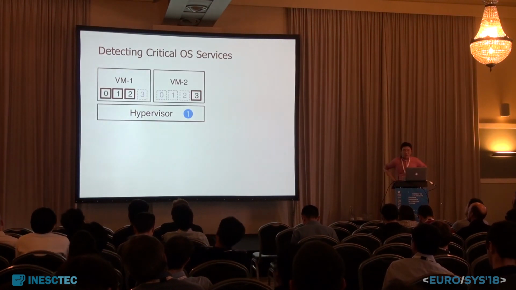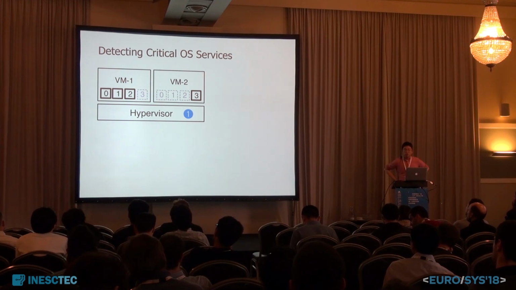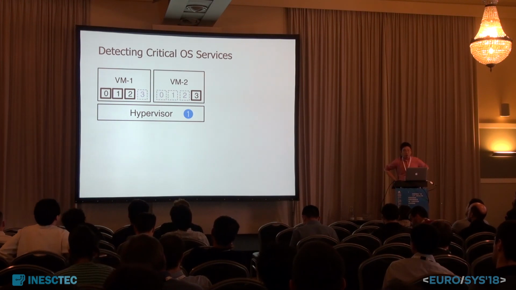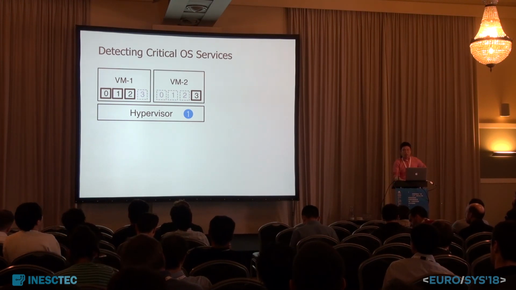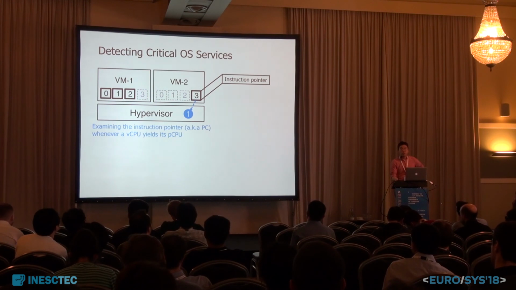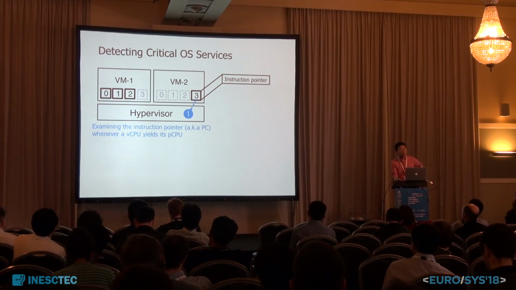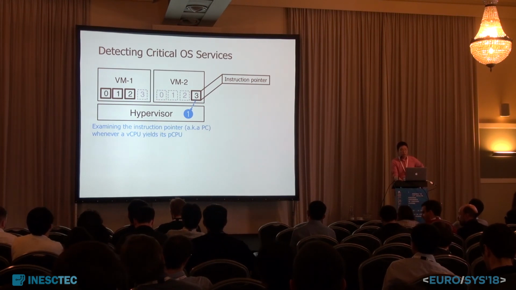Let's first look at how we are able to detect the critical OS services. Basically, we analyze where virtual CPUs are frequently preempted by inspecting the instruction pointer. Specifically, whenever a virtual CPU is about to yield its physical CPU, we read the instruction pointer of the virtual CPU to get a sense of what the virtual CPU is doing in the kernel.